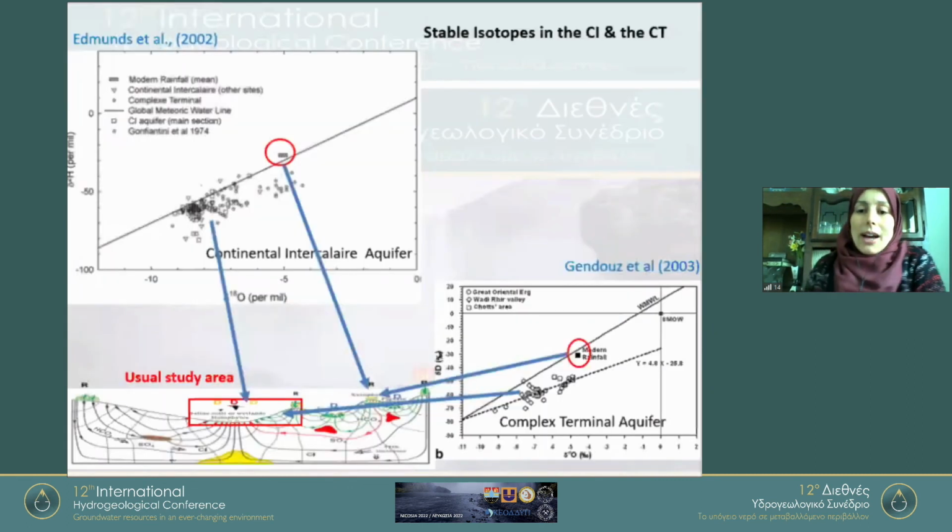The isotopes tell the story of the storage water in both the complex terminal and continental antarctic layer, suggesting that the water has been strongly evaporated, but groundwater has been collected in the discharge area. However, the recharge areas have not been correctly defined, and the groundwater samples do not represent the actual recharge condition.